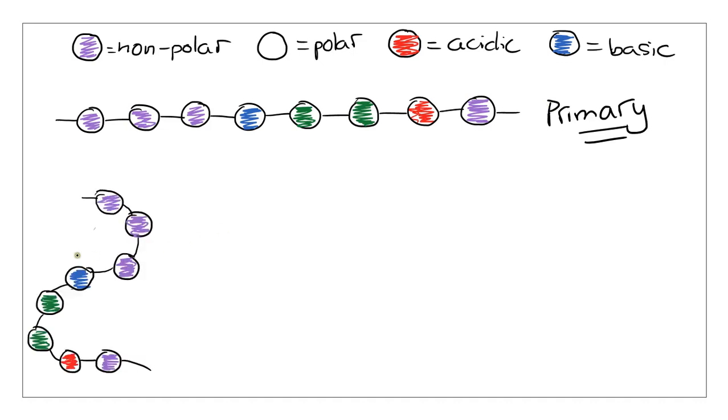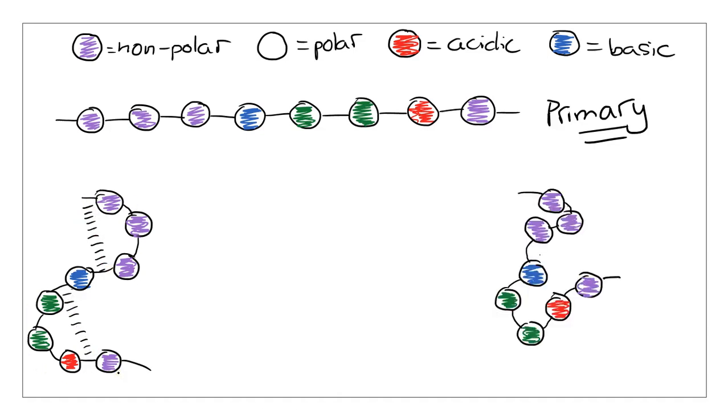And when you have hydrogen bonds between the amide links, you have the secondary structure, which can give you, for example, an alpha helix. Now, if I have a few of these amino acids being nonpolar, then you can have something like this. So this is the clustering of nonpolar amino acids. So this is the hydrophobic effect.